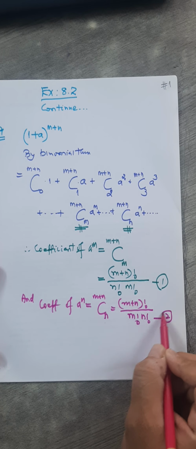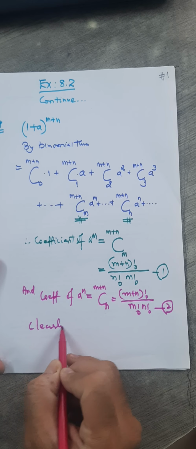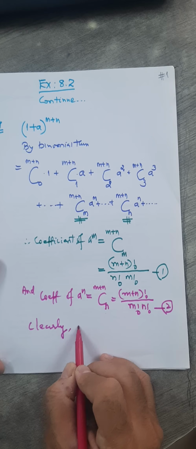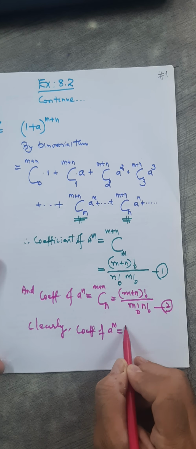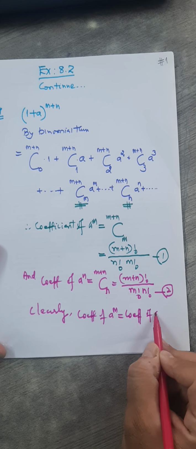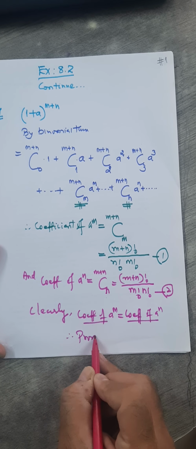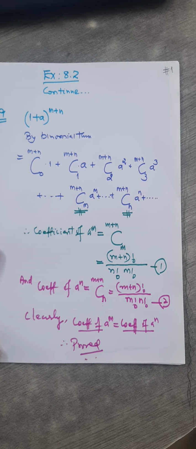So from 1 and 2 you can see that these two are equal. So clearly, from 1 and 2, the coefficient of a^m equals the coefficient of a^n. These two are equal, right? And therefore proved. That's the question number 9 here.